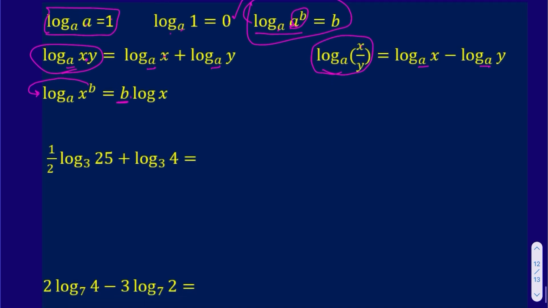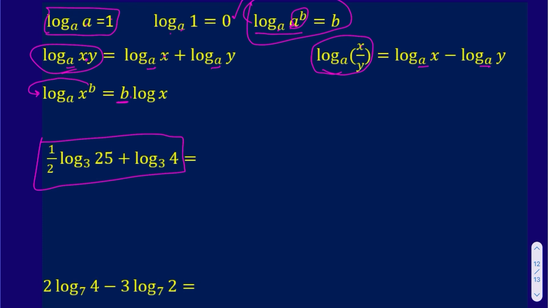Here we have this problem and we need to solve it. The first step is we see a number in front of the log, and it's making it more complicated because the other one doesn't have any number, so we want to simplify.